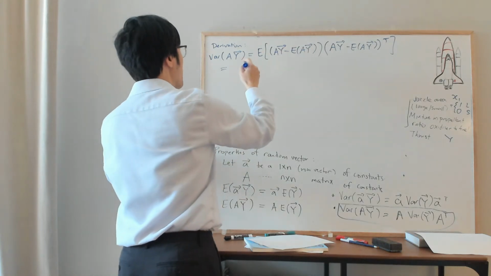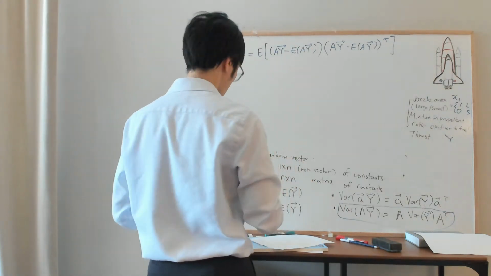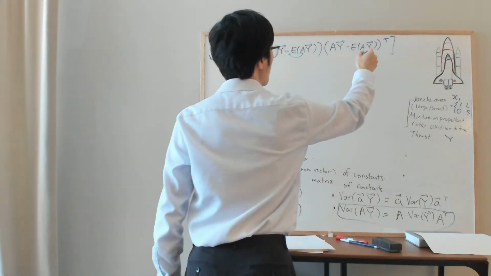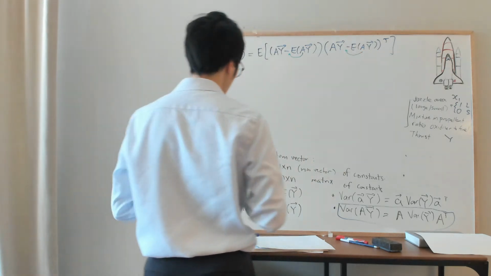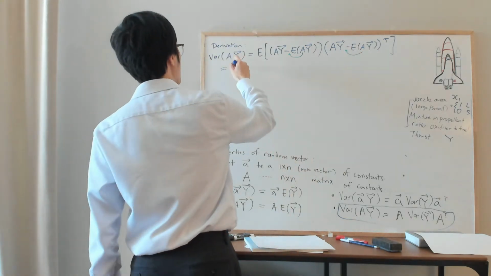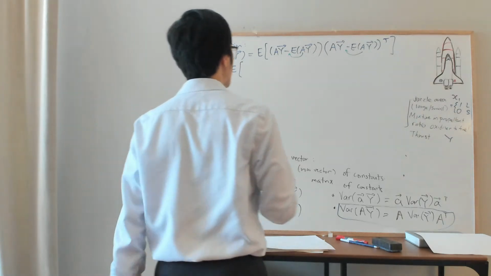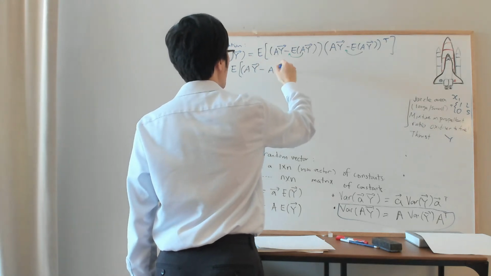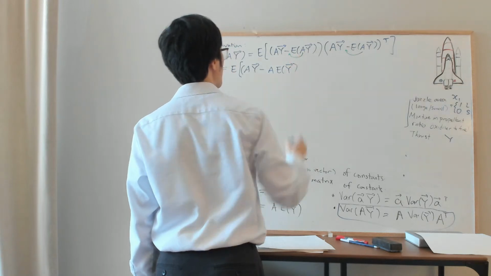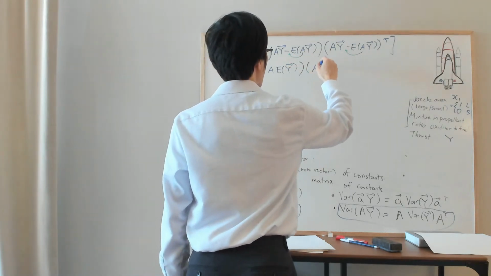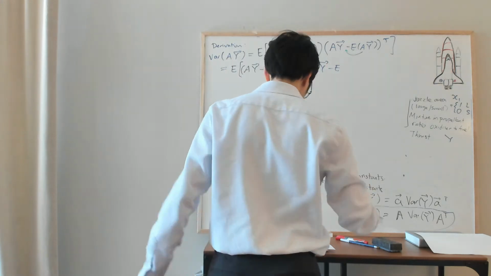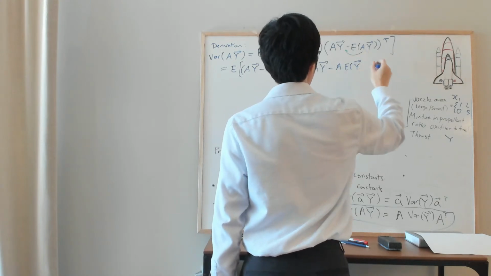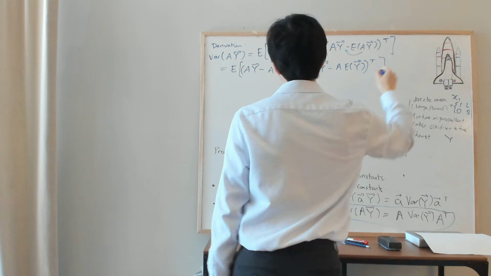First, I'm going to apply what we said about expectation, so this A can come outside in this expression. Let's write AY minus A E(Y), times AY minus A E(Y), transpose.